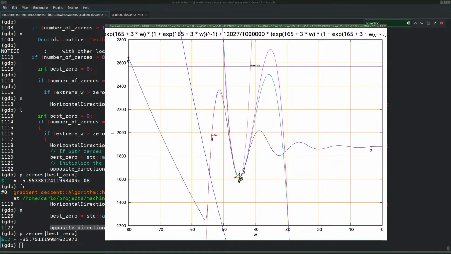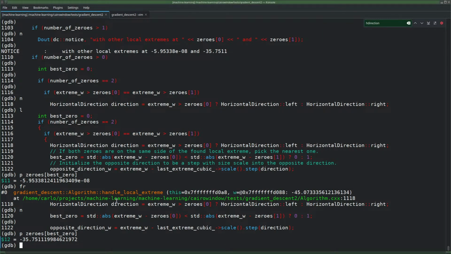So this plot has this fit. This approximation has a scale. Don't ask. And we want to make a step with the size of that scale in that direction. And that is done.